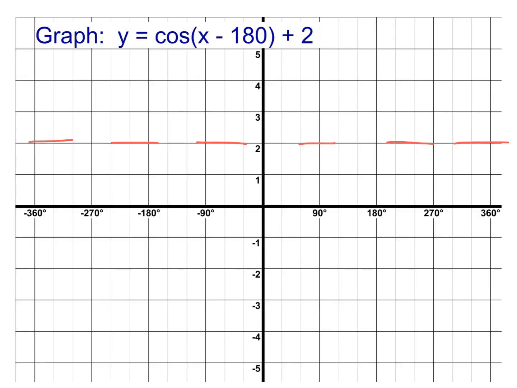This one is not changed, because it'd be the number out front of cosine that stretches it. So my other two lines will still be up 1 and down 1. Make sure you have all 3 of those lines drawn in at those locations. And again, the way I got it is start with the middle, and then go up 1 and down 1 to get the other 2.